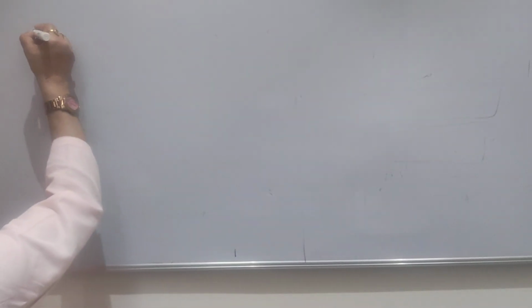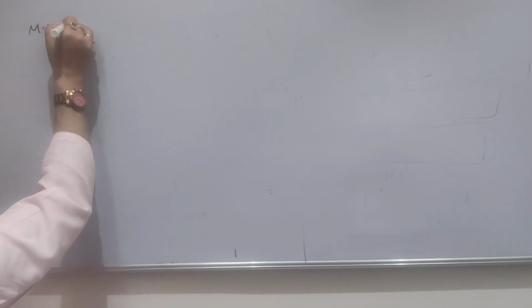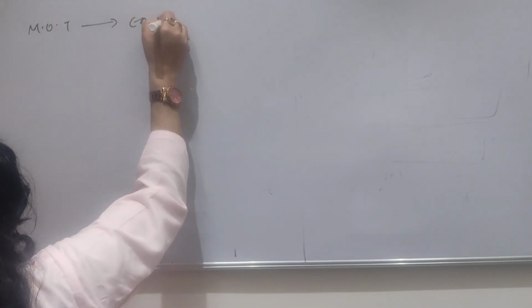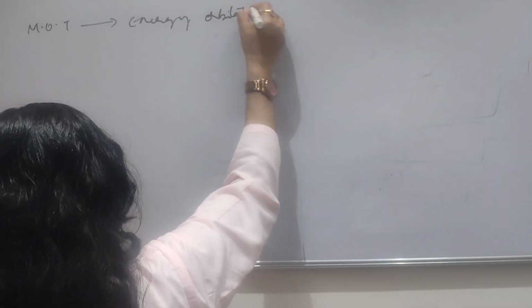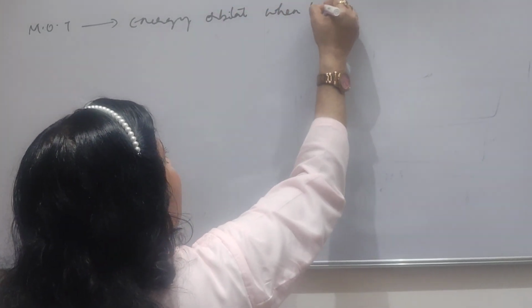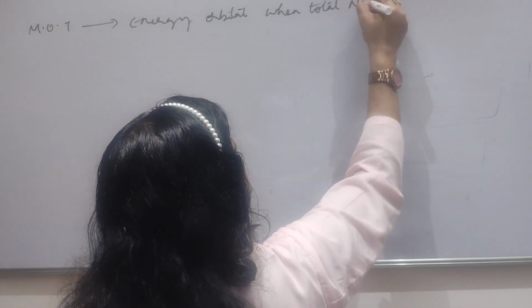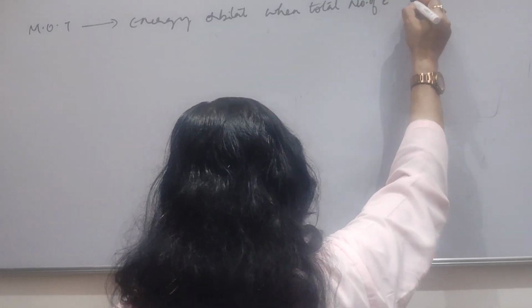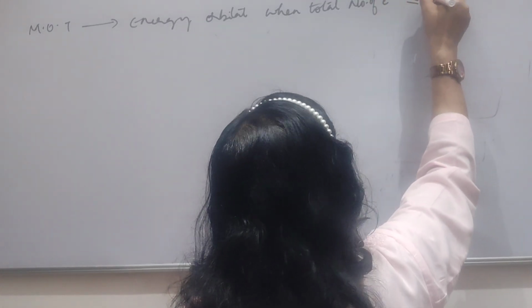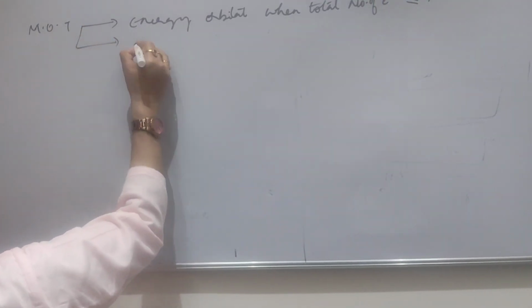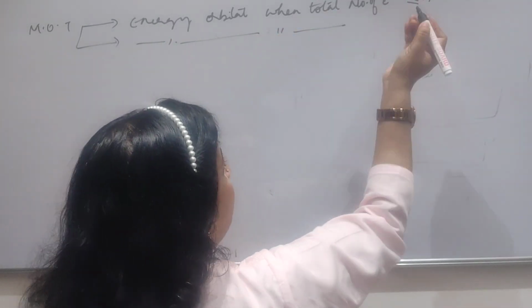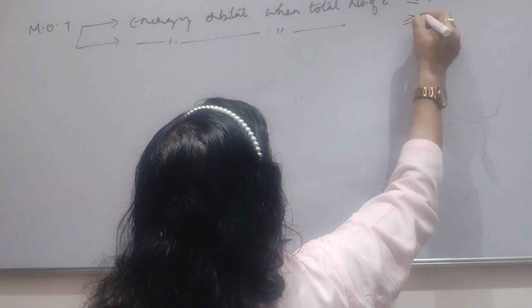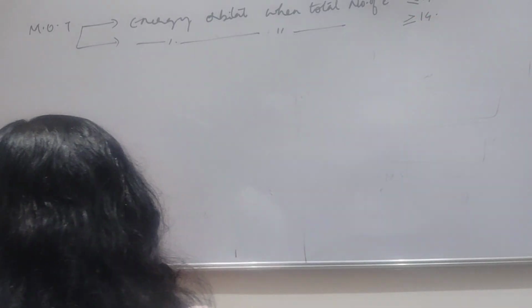So starting with the molecular orbital theory, the energy of orbitals when the total number of electrons in a molecule is less than 14, and the energy of orbitals when the total number of electrons in a molecule is greater than or equal to 14.